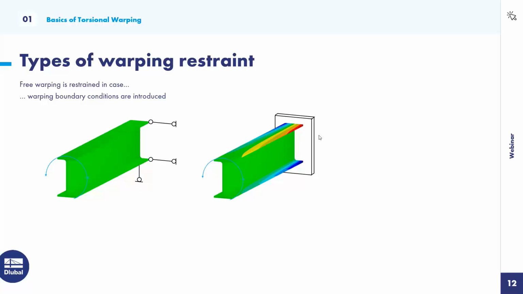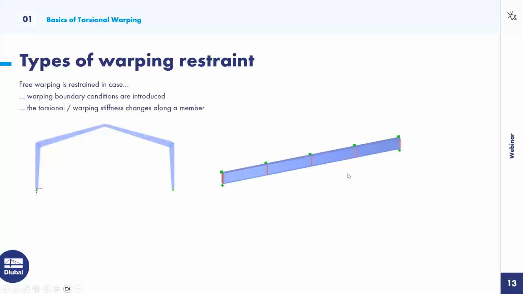However, there are additional cases or additional influences for a warping restraint. Free warping can also be hindered by changes in the torsional or warping stiffness along the member. So here are two examples for that. For example, if we have a tapered member where the section size changes along the member, there we have a warping restraint basically. So the neighboring sections restrain each other from free warping.